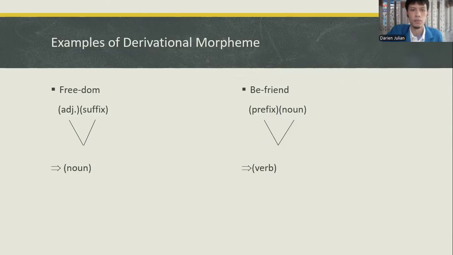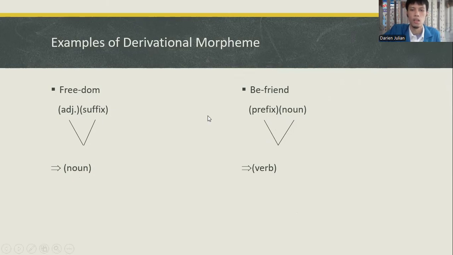These are the examples of derivational morphemes. The word freedom comes from free, which is an adjective, and dom, which is a suffix. So this creates another word that is a noun.